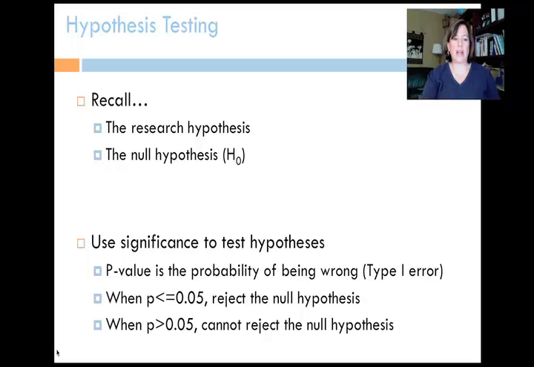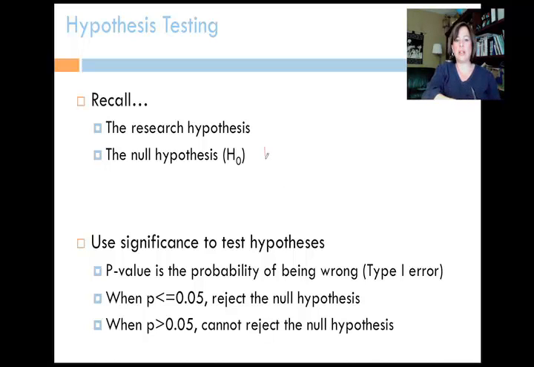So, hypothesis testing. Statistical significance is used to test hypotheses. Recall, when we talked about hypotheses, that we have two hypotheses we're interested in. One is the research hypothesis, and the other is the null hypothesis. The null hypothesis is essentially that there's no relationship.